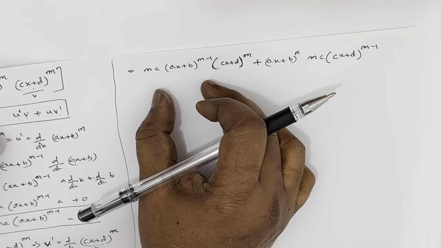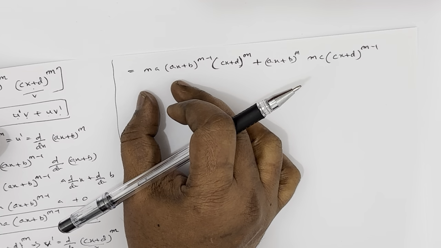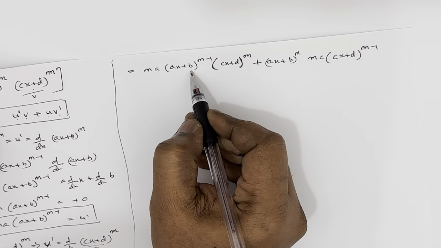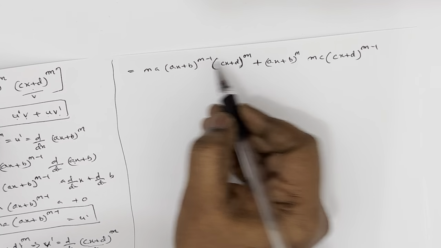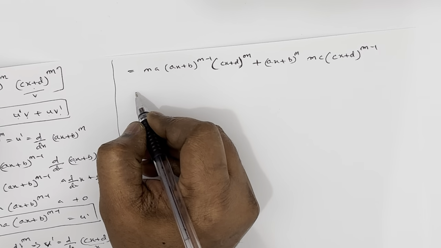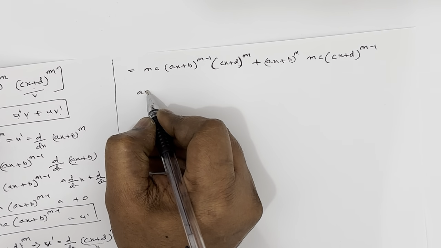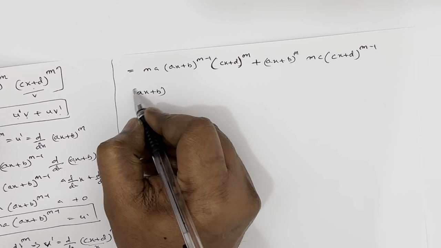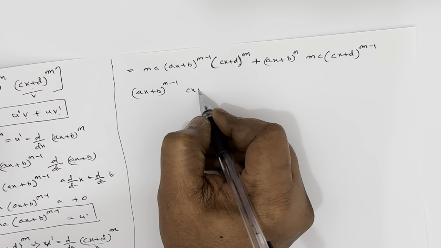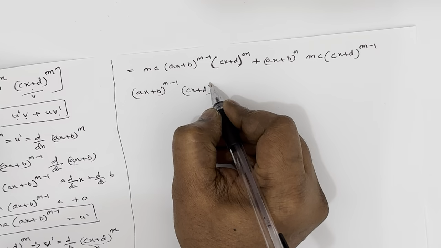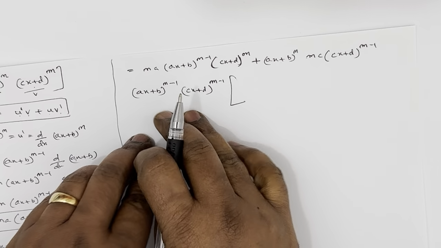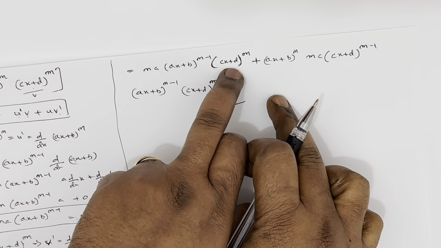Now you see we'll take some expressions common. We'll take (ax plus b) raised to n minus 1 and (cx plus d) raised to m minus 1 common. Both of these are common, so we have to multiply and get this.